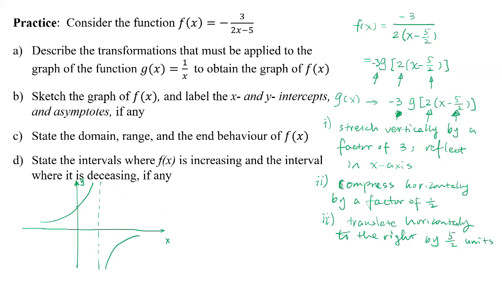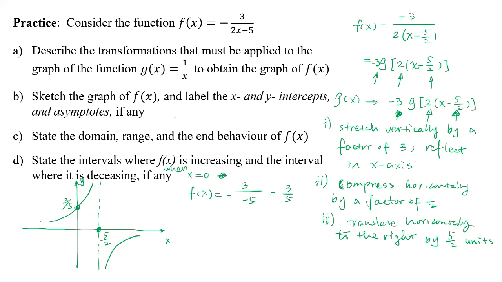Probably there is a y-intercept, so let's calculate it. Let x be 0. When x is 0, f(x) equals -3 over -5, which is 3/5. So this point here must be 3/5, and this point here is 5/2. Okay, so this is a sketch of the new function.